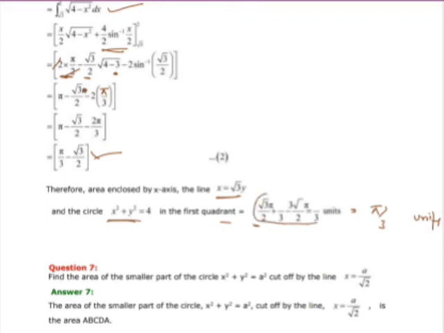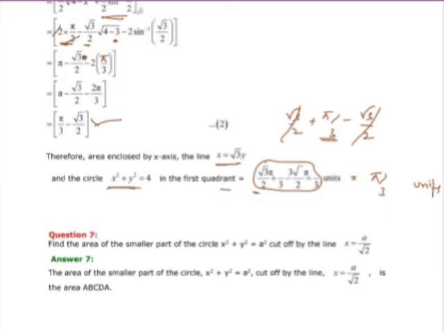So don't get confused by this term. Simply what we have here: plus root 3 by 2 plus pi by 3 minus root 3 by 2. Minus root 3 by 2 plus root 3 by 2 get cancelled only. Pi by 3, right? So the solution is pi by 3 units.